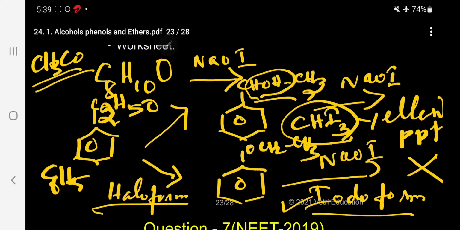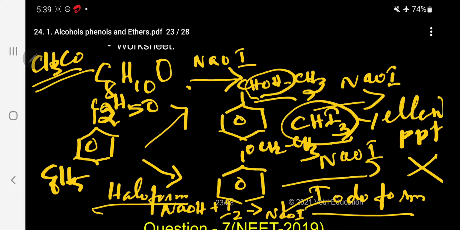Now, the other interesting thing is the given sodium hypoiodide. What is sodium hypoiodide? How is it formed? Sodium hydroxide plus iodine gives sodium hypoiodide.